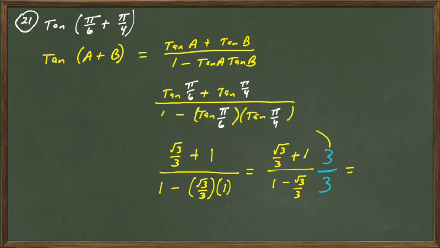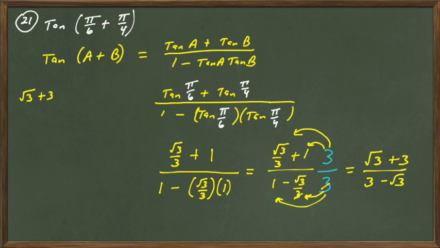When I multiply here, the 3's will cancel, the times 3 and divided by 3, leaving me just the square root of 3. 3 times 1 is 3. 3 times 1 is 3. But when I multiply here, these 3's would cancel, leaving me radical 3. So at this point, I have radical 3 plus 3 divided by 3 minus radical 3.